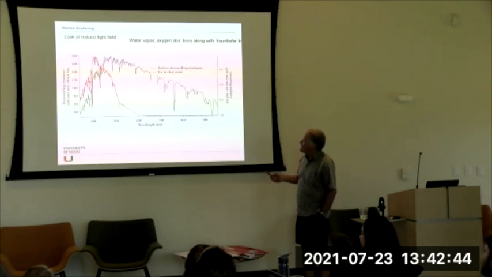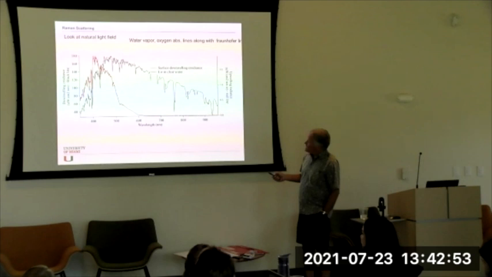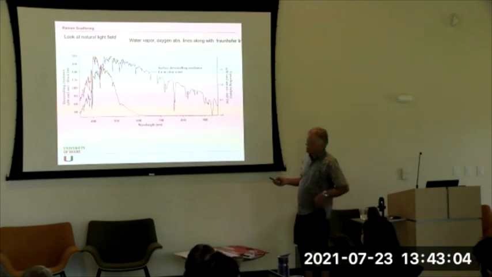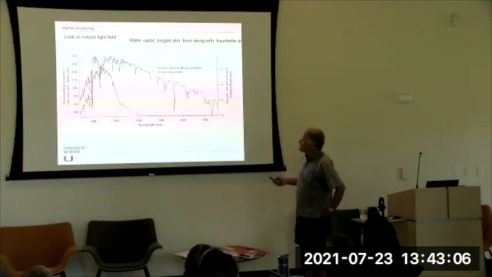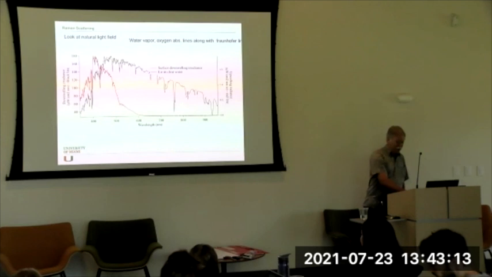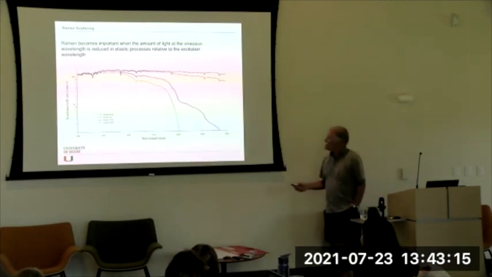There's not a lot of light coming into the ocean over here in the blue and UV, so it would not show up very much in the natural upwelling light. But if you look over here in this region, and shift light 100 nanometers from here into here, all of a sudden it's going to be important. And so you're going to see it there. So Raman is important where there's a lot of excitation light and not very much light at the emission wavelength.